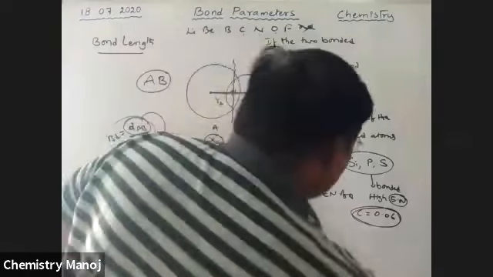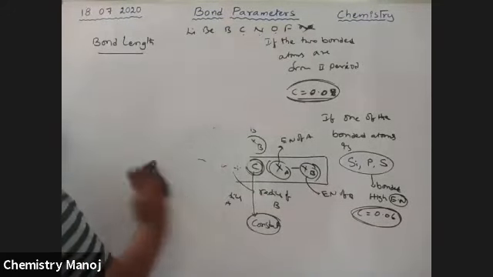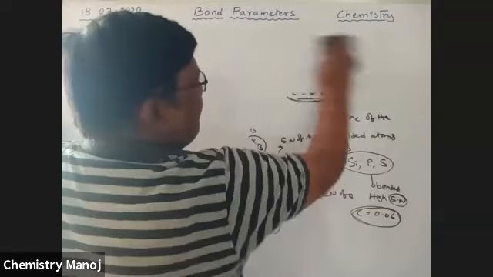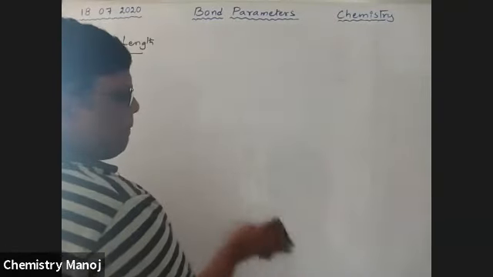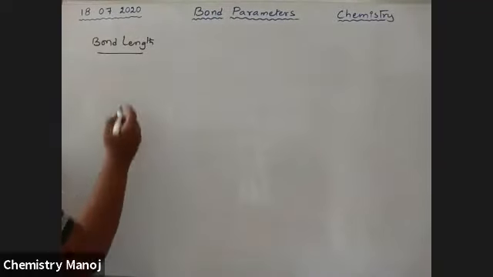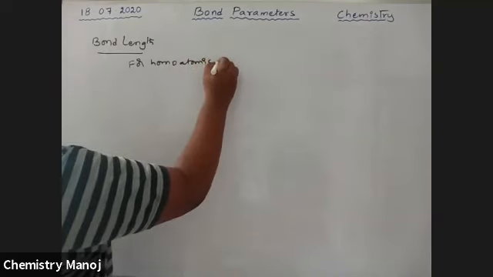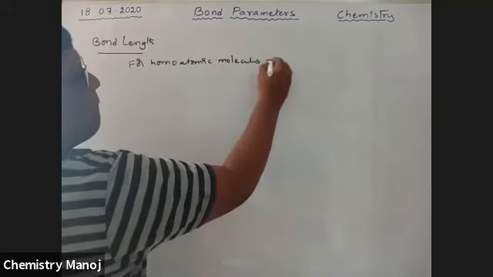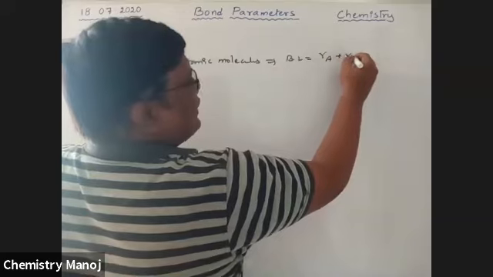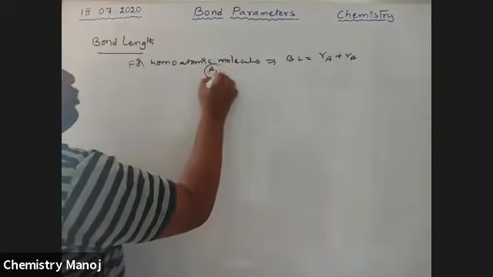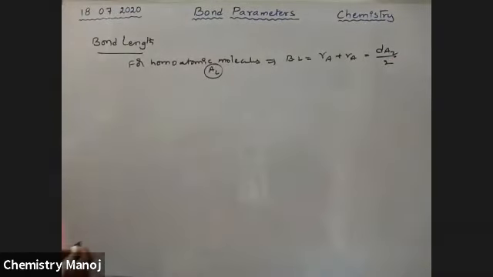So see, my dear boys, finally I give the conclusion. For homoatomic molecules, bond length is equal to radius of A plus radius of A. Homoatomic molecule, let it be an A2 molecule, bond length is equal to diameter of A2 by 2.